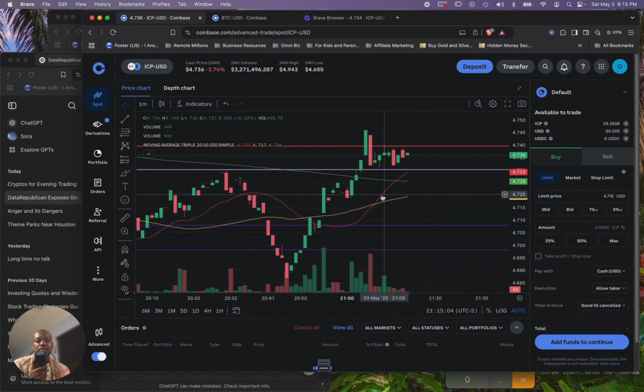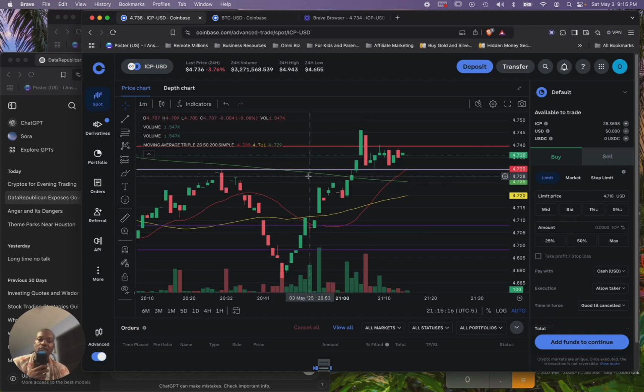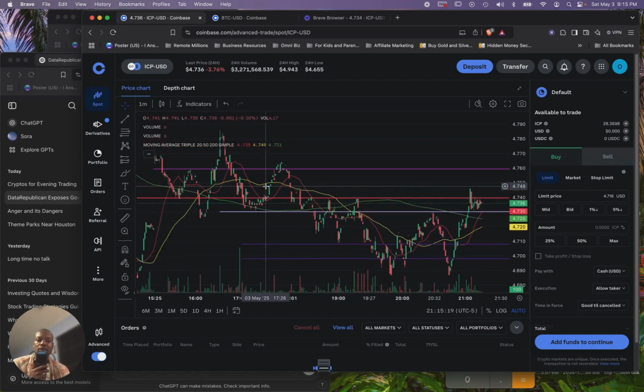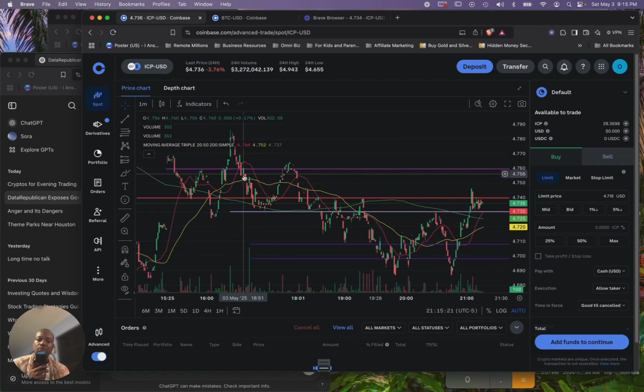And then these moving averages, I learned that recently from somebody. When it's red at top, yellow, green, it typically is moving up. Red, yellow, green, it moved up. Sorry, red at top.